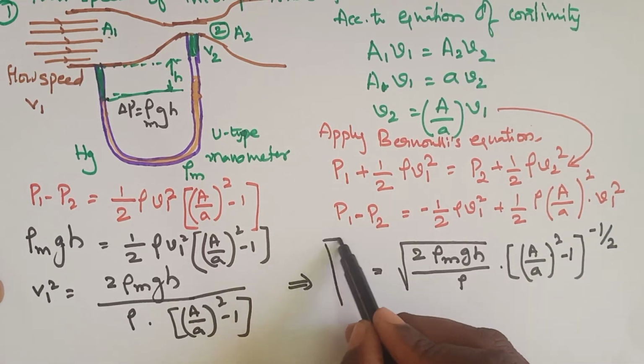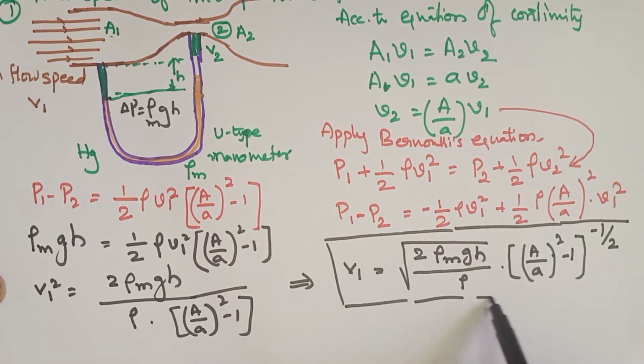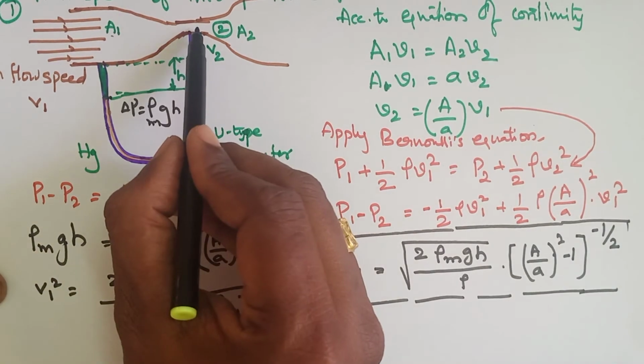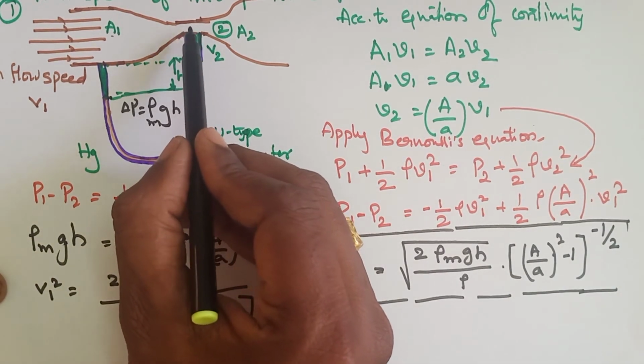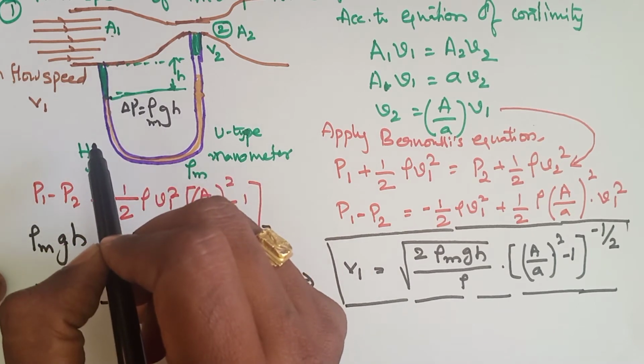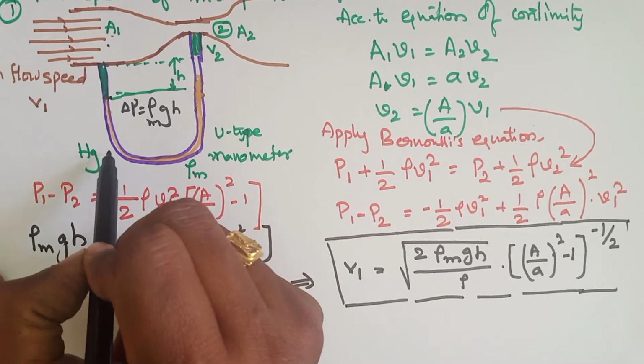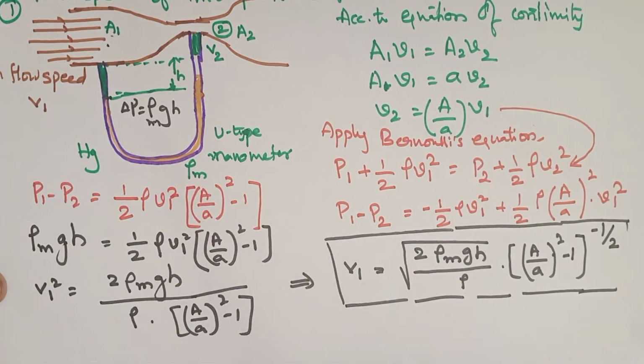This is called the inflow speed, where it is entering into a broad diameter, and this is a simple narrow constriction attached to a U type of tube, which is filled with mercury. Here rho is the fluid density, rho m is the mercury density, right?